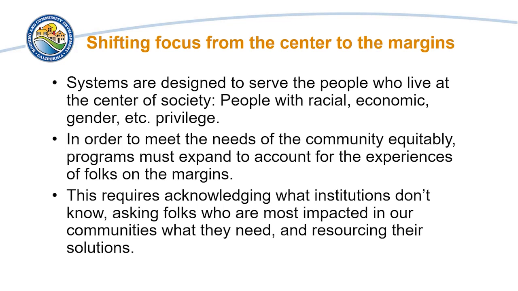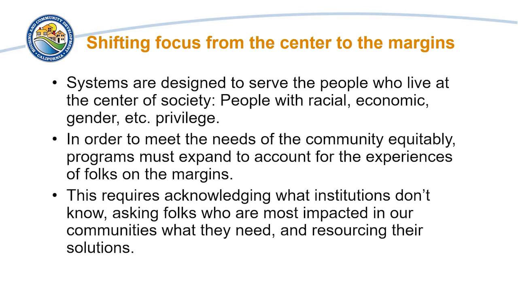to systems and programs. Currently, systems are designed to serve the people who live at the center of society. These are people with racial, economic, gender privilege, and this extends to people with language privilege and housing privilege, and so on.